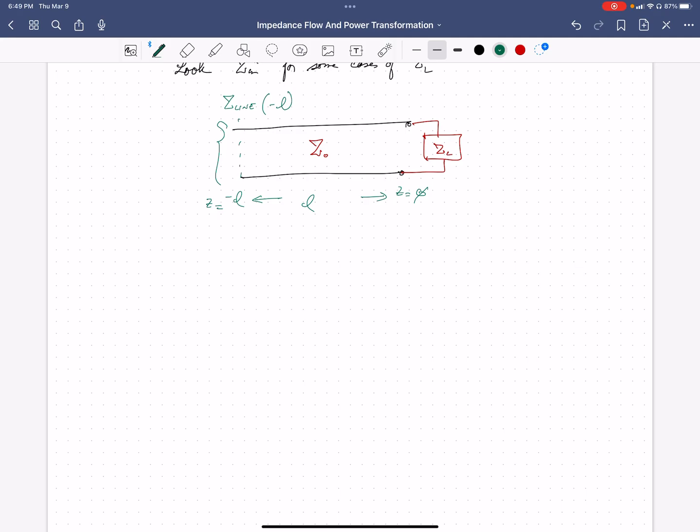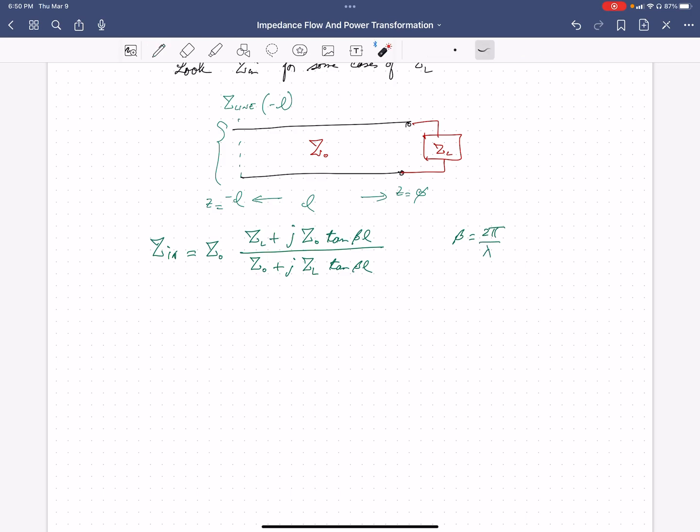As a reminder, we derived this input impedance. For now, all you need to remember is the equation we came up with: the characteristic impedance of the transmission line times this complicated, numerically complex expression, which is the load impedance plus j times the characteristic impedance times tangent of beta L, over Z sub 0 plus j Z sub L tangent of beta L. And beta, as a reminder, is 2 pi over lambda.